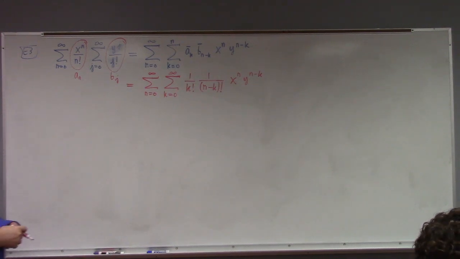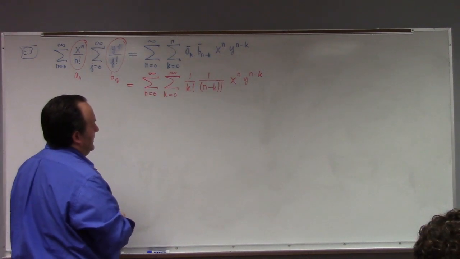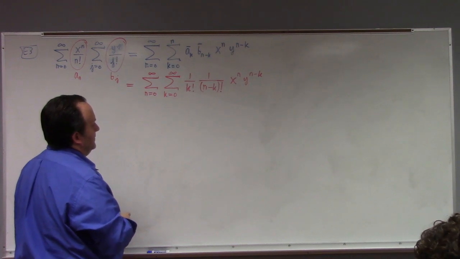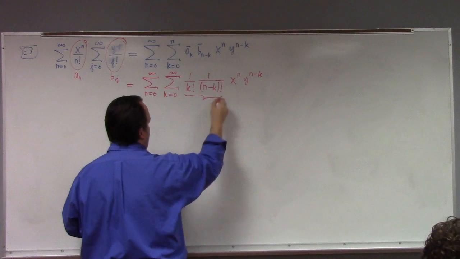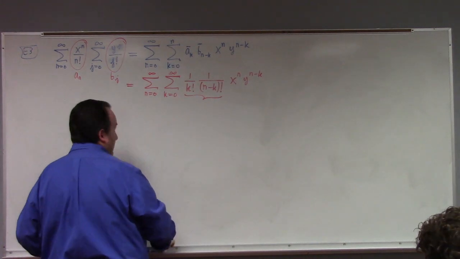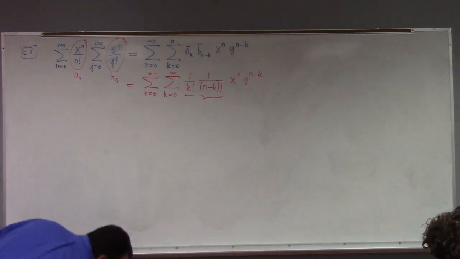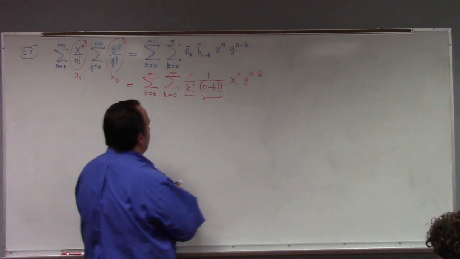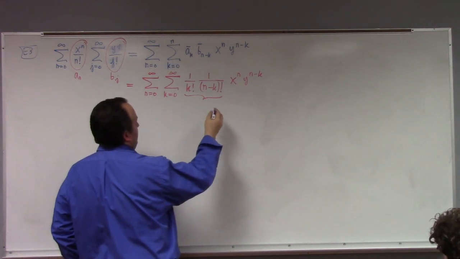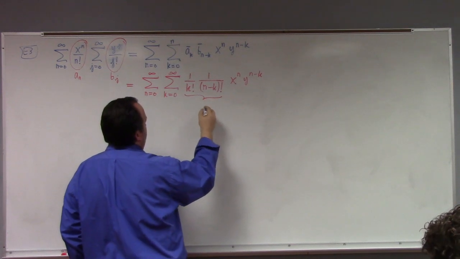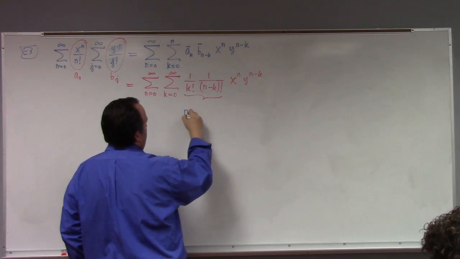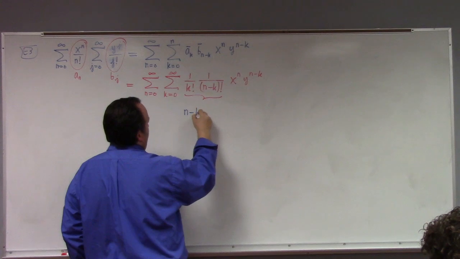I can rewrite that as, let me just focus on just this combinatorial piece here for a second. That can be rewritten as what? That can be written as n minus k.